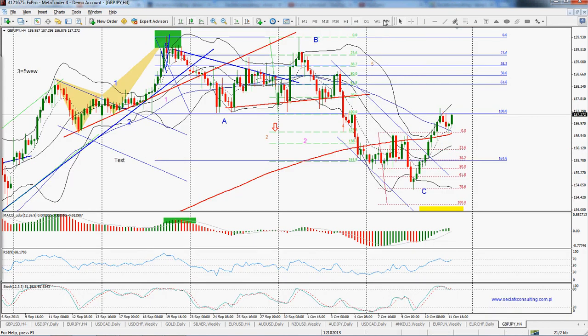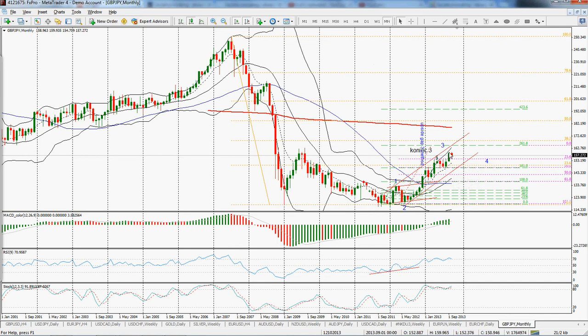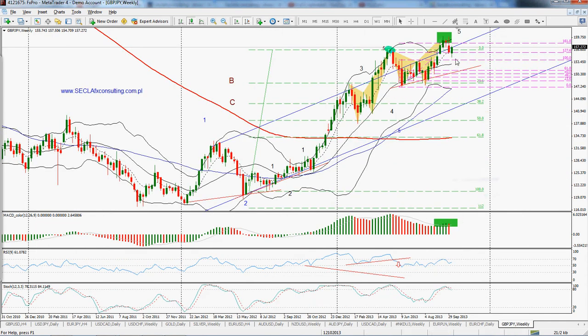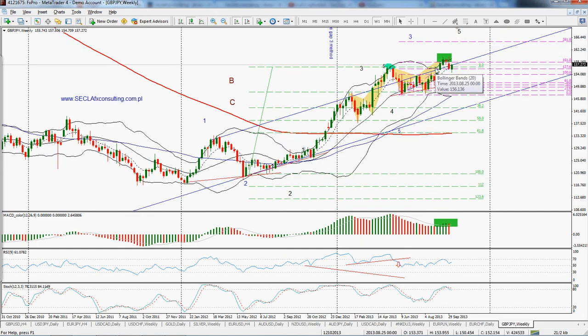Great Britain Pound Japanese Yen monthly candle, a similar situation. We had a strong monthly candle. This candle reacted on that candle, so that happened last week. We have a green candle on the weekly chart, so that should most probably give us a long trade setup in the coming week.